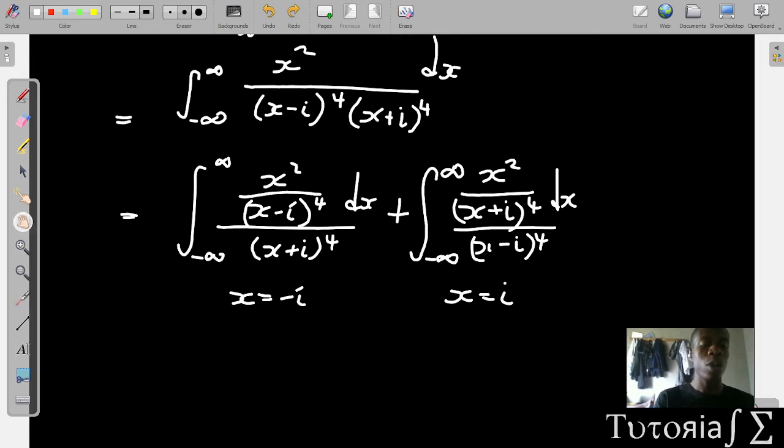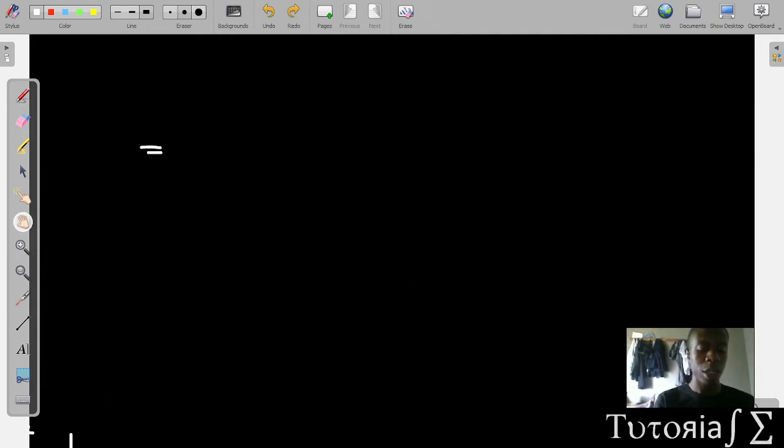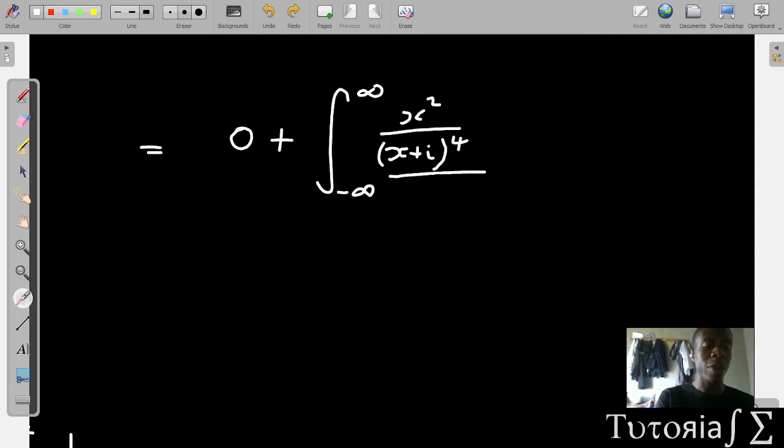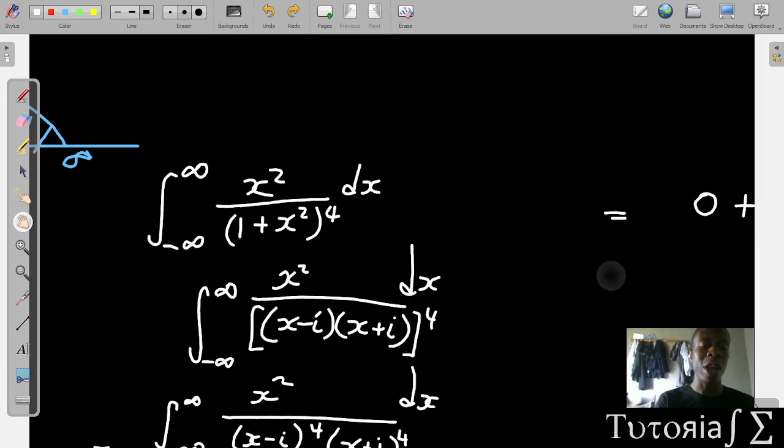All right, so now the first part integral is 0. Then we now need to only work with this part. So this is our f of z, okay? And this is the part that is giving us the pole, which is similar to the formula right here.